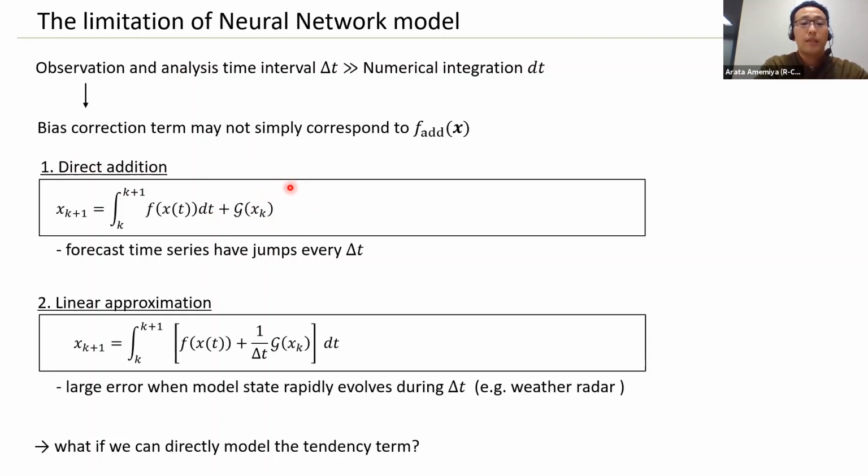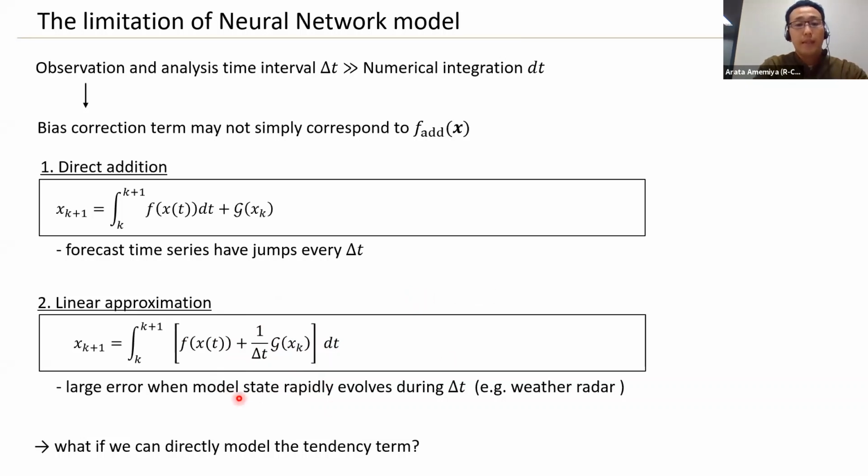Another method is linear approximation. We can approximate the bias correction term in the original forecast equations by the estimated bias correction term divided by delta T. This is a popular approach, but it may cause a large error when the model state rapidly evolves during delta T. In other words, it may cause a large error when the system is strongly nonlinear.